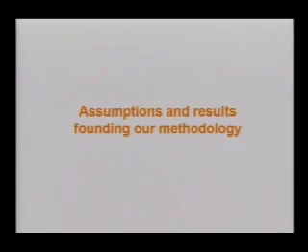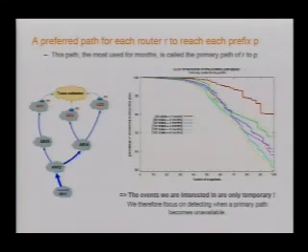Now I will show several assumptions that found our methodology. First, we collected BGP table dumps from 16 routers at the RouteViews monitoring point. We collected one BGP table per day during 6 months.